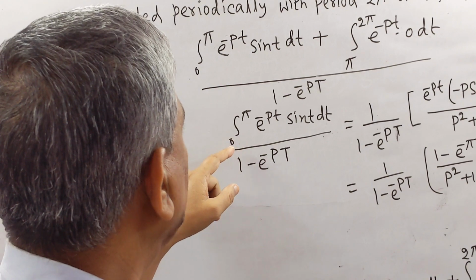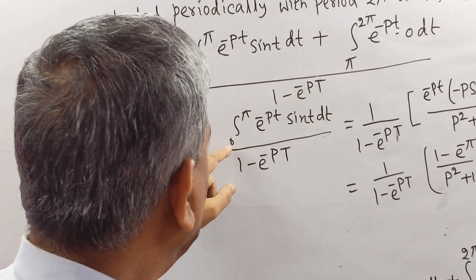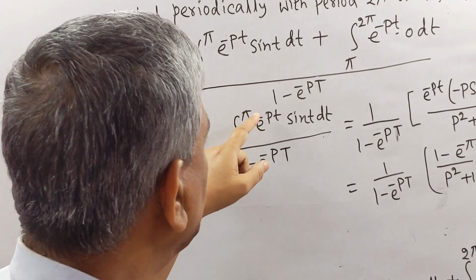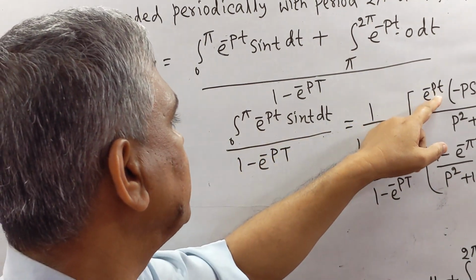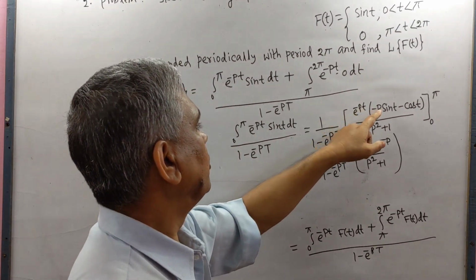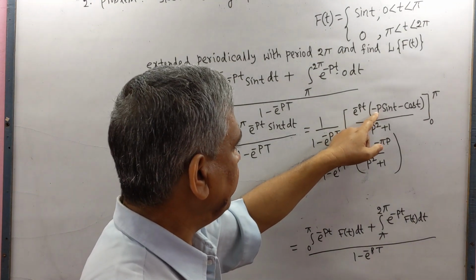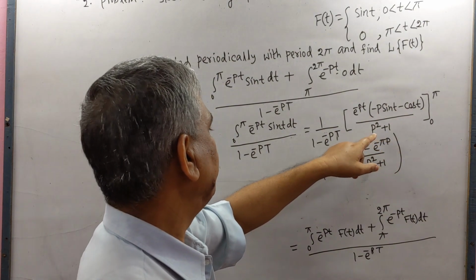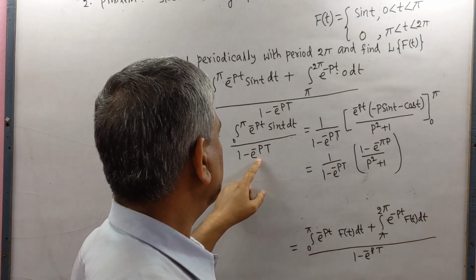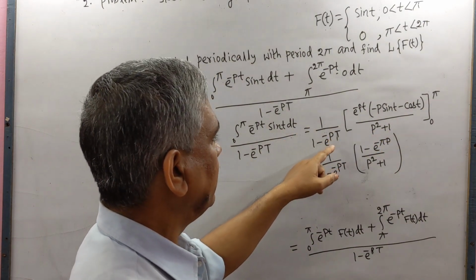The integration value of this is e to the power minus pt, under bracket minus p sin t minus cos t, by p square plus 1, and this is outside.